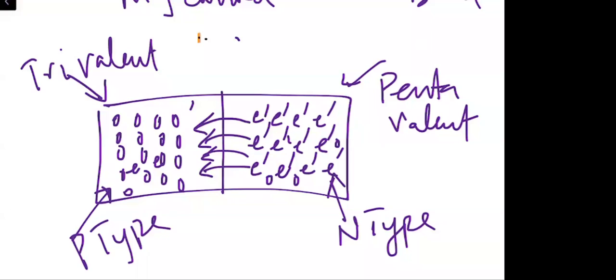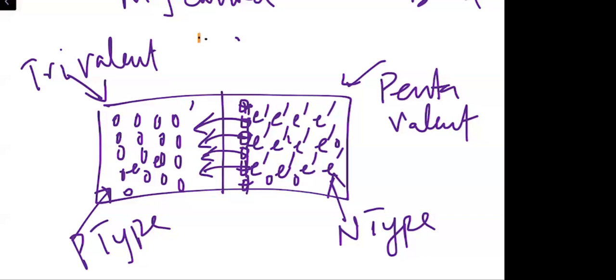Right? And whenever it loses the negative charges, this means there will be some ions which will be created, and those ions will have a positive charge.